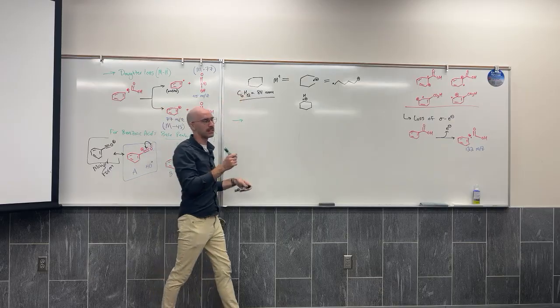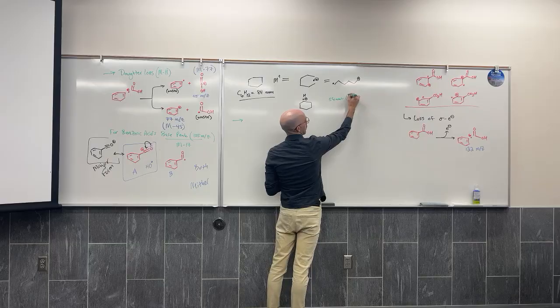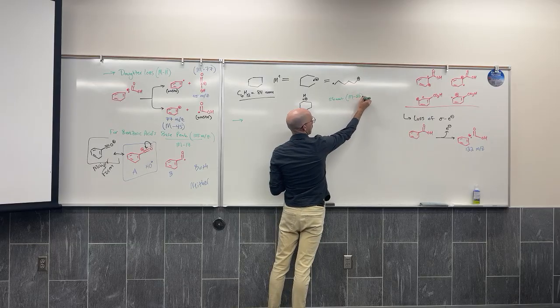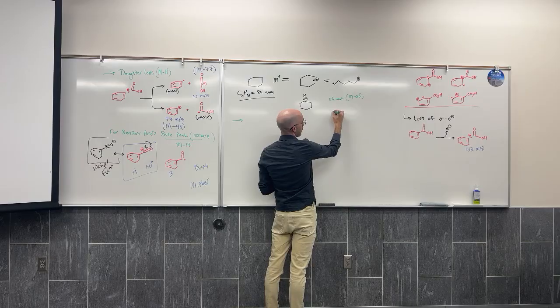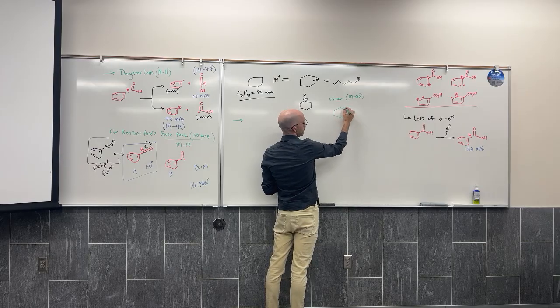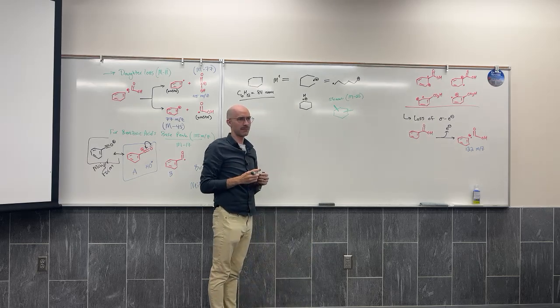So probably to get a signal at 56 by loss of 28, what I probably would be seeing is the ring gets cleaved here and here around the same time.